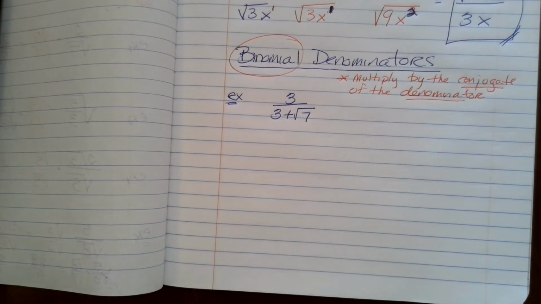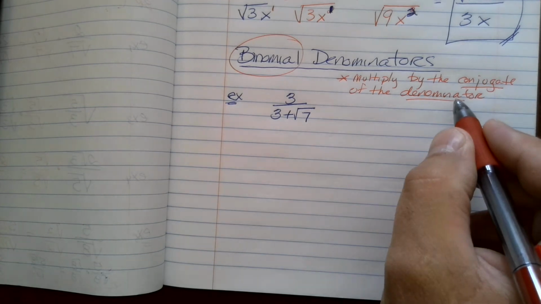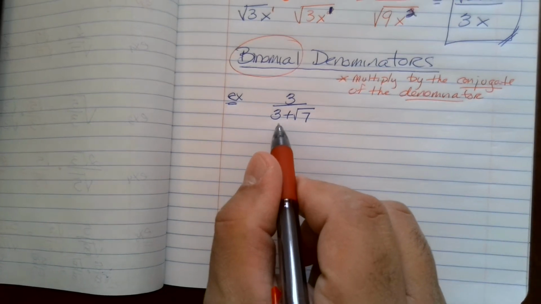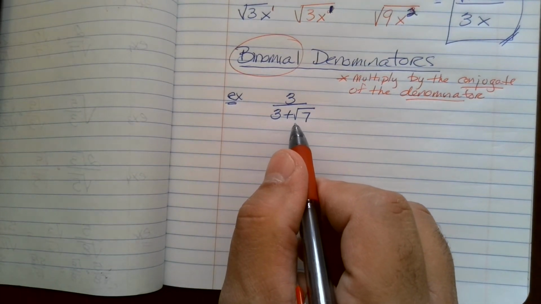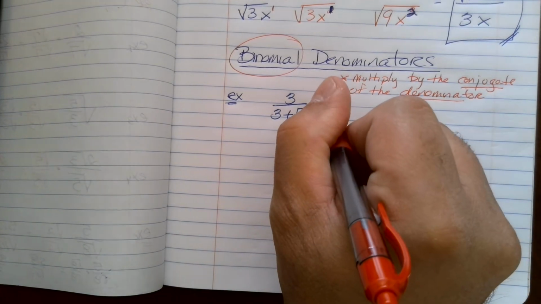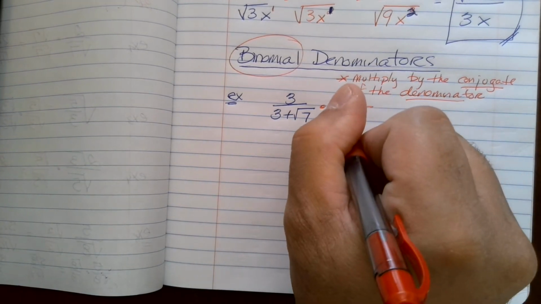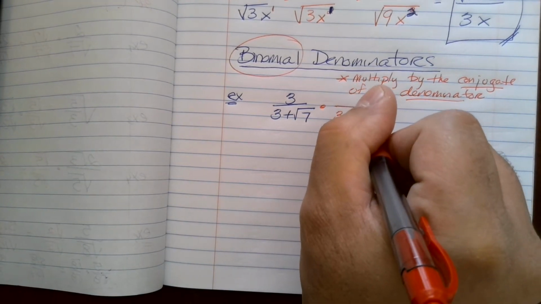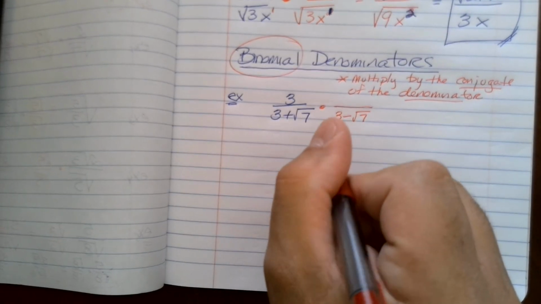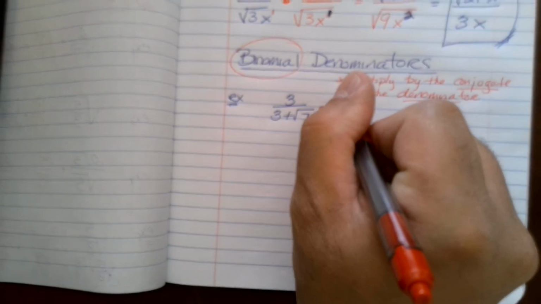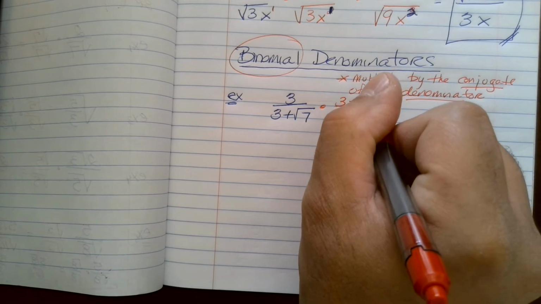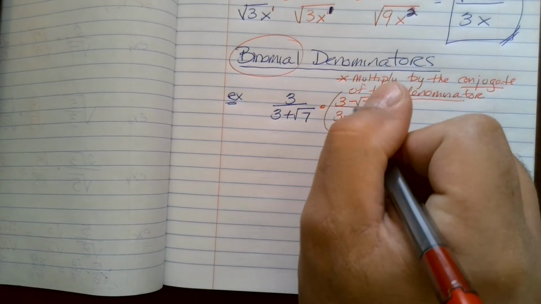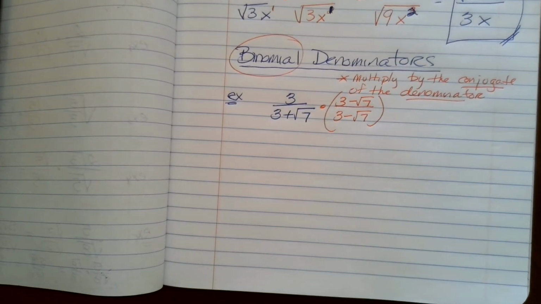So in this case, if I wanted to multiply by the conjugate of the denominator, my denominator is 3 plus radical 7. So the conjugate would be 3 minus radical 7. And again, whatever I do to the denominator, I have to multiply the numerator by the same thing, because 3 minus radical 7 over 3 minus radical 7 is equal to 1.